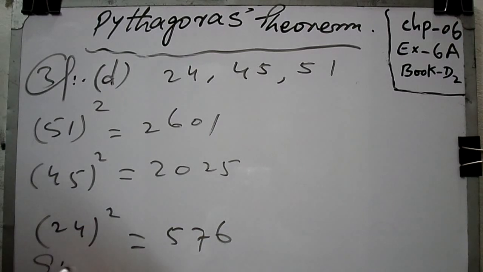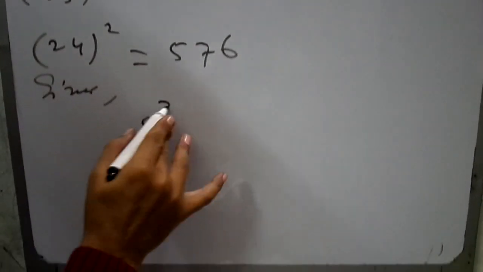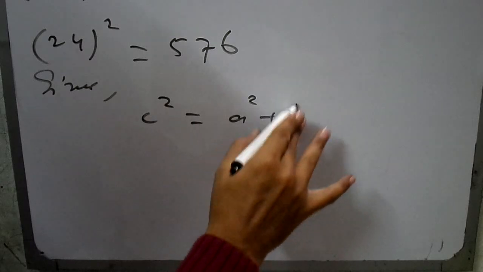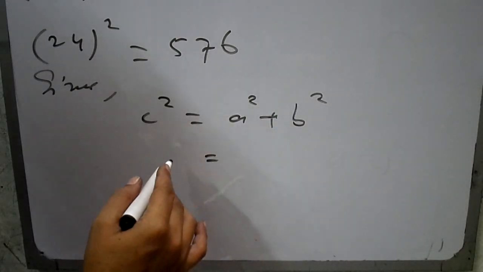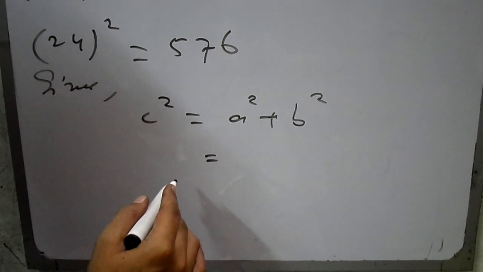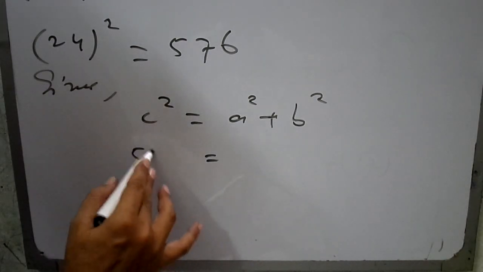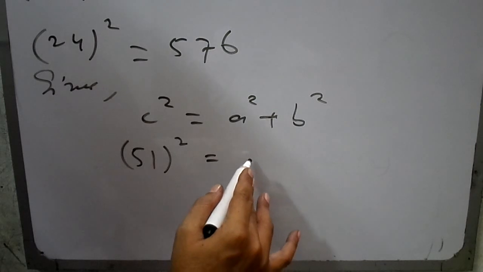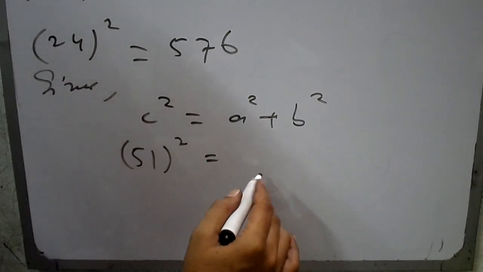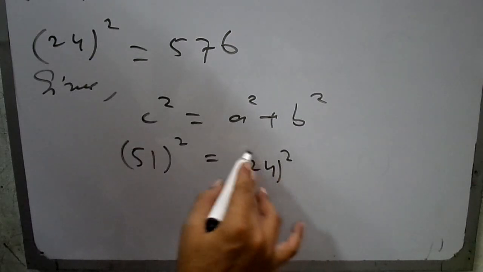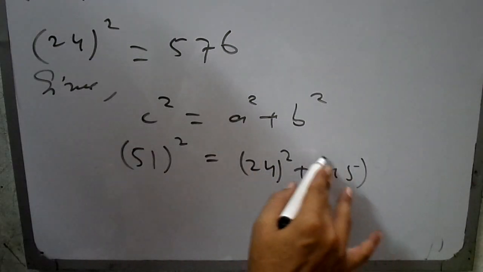Since by Pythagoras theorem c square is equal to a square plus b square, I am going to put here 51 square is equal to 24 square plus 45 square.